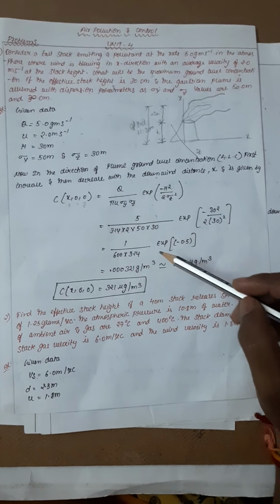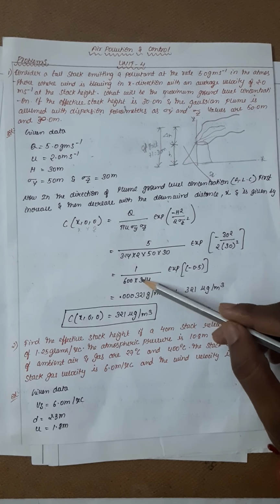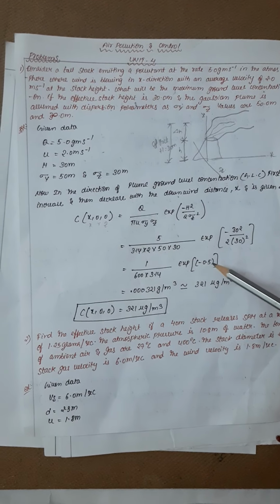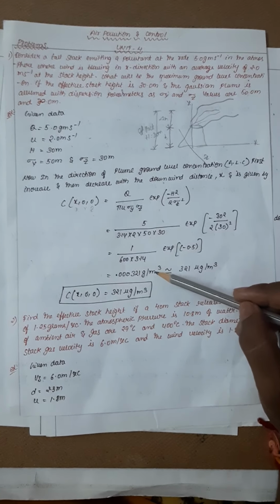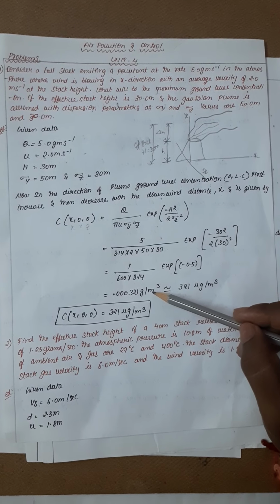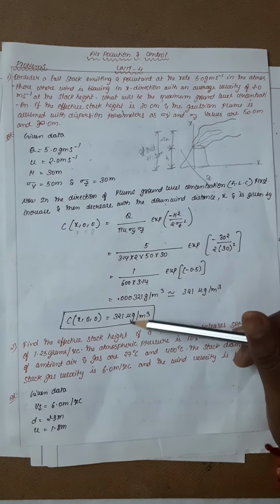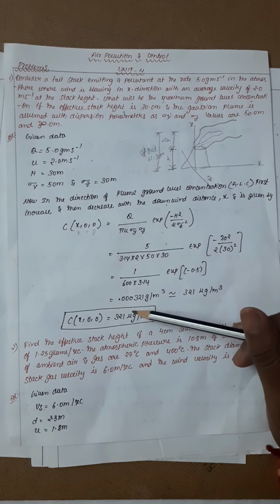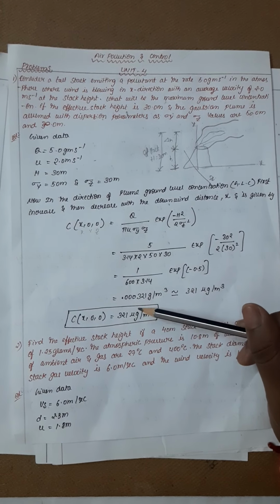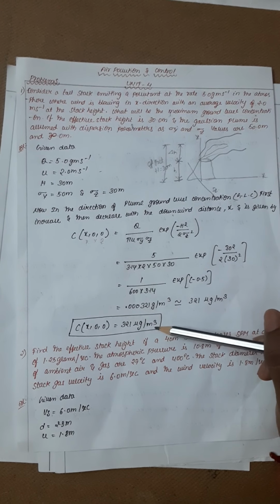I substitute these values and the final value is 0.00321 gram per meter cube, converted into micrograms. The final ground level concentration in the Gaussian fume dispersion is 321 micrograms per meter cube.